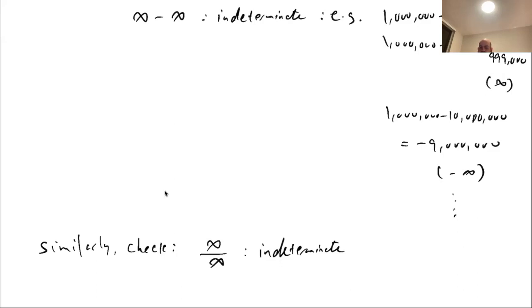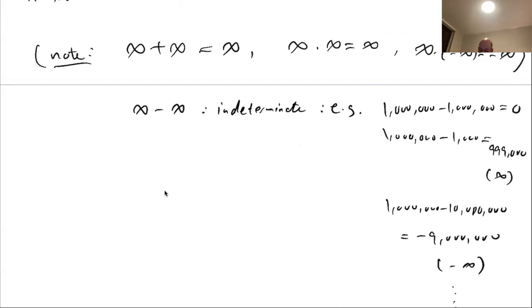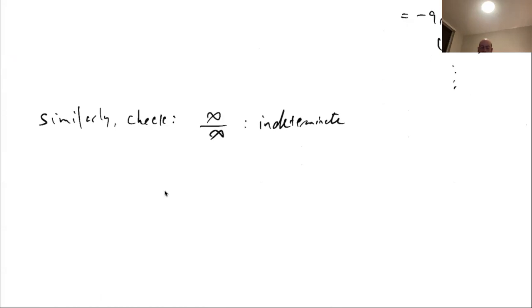Are they equally large, or is the first number larger? What is the situation? So infinity minus infinity is indeterminate. Infinity over infinity is indeterminate. We will see more indeterminate forms later.